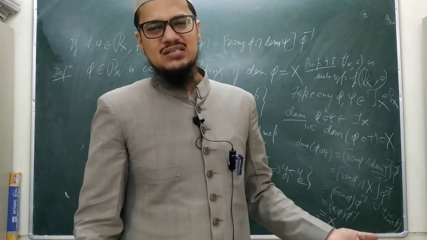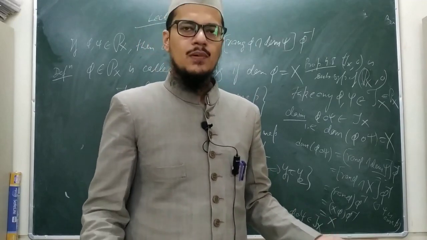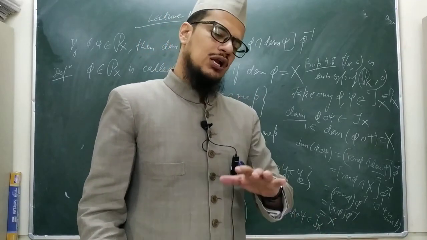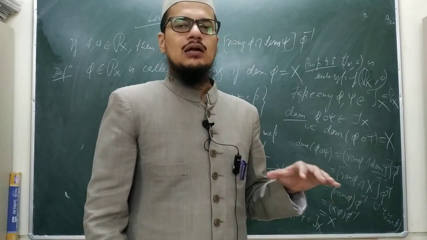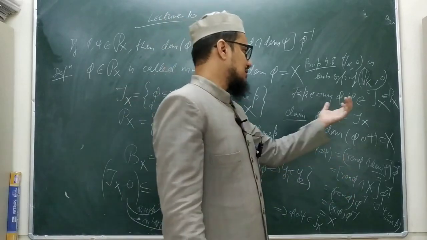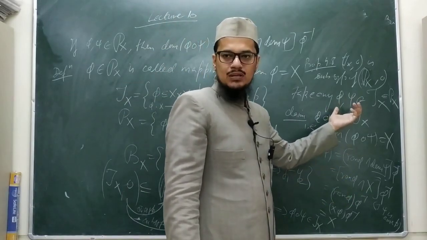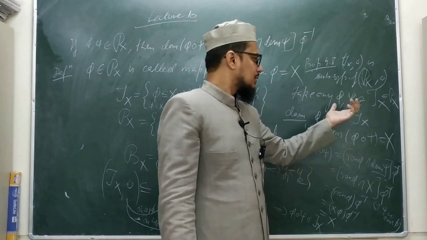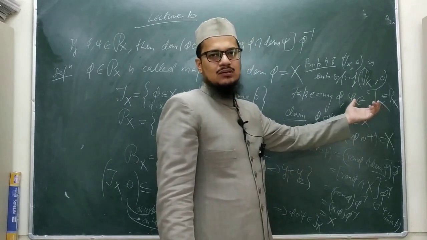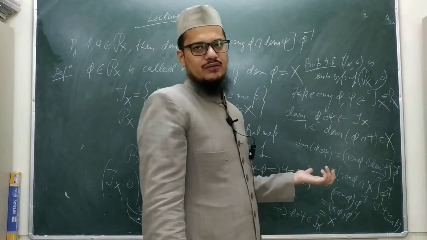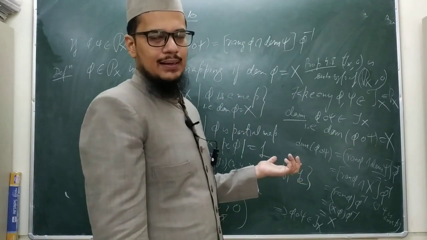Px is a subsemigroup, isn't it? Px is a semigroup. All elements of Px will follow associativity, and since the members of tau X are members of Px, they will definitely follow associativity again. Correct?